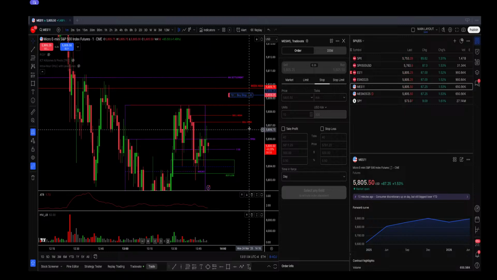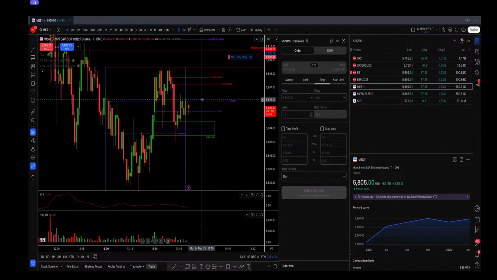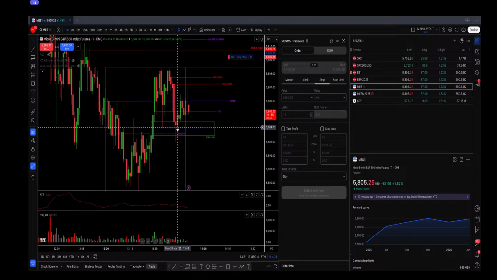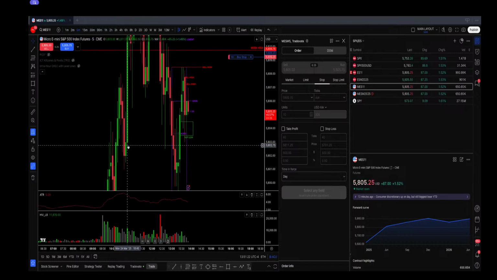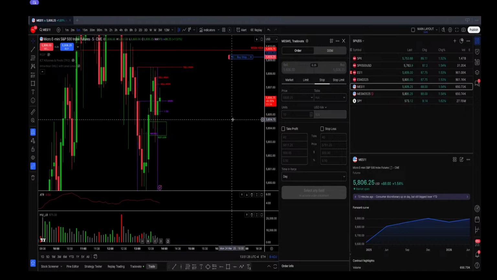Volume imbalance here. So this is essentially going nowhere. See the 50. Nothing new. Still this candle here. Still 130.